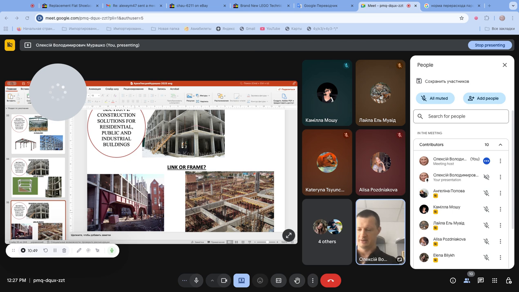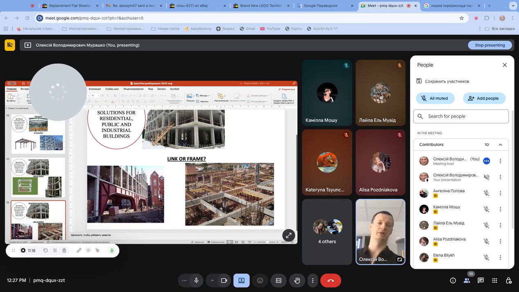It's like a transfer beam. It serves like a transfer beam for the upper floor. So you can see that these columns have a very small span here, but here we can get open space, which gives us an opportunity to make any type of public building, public area on the ground floor of this building.